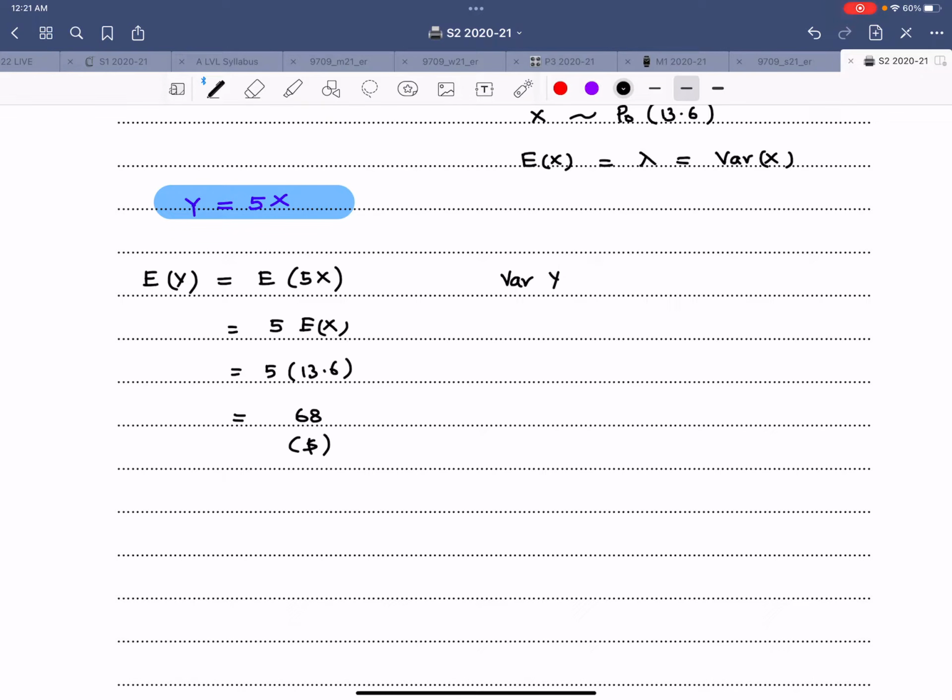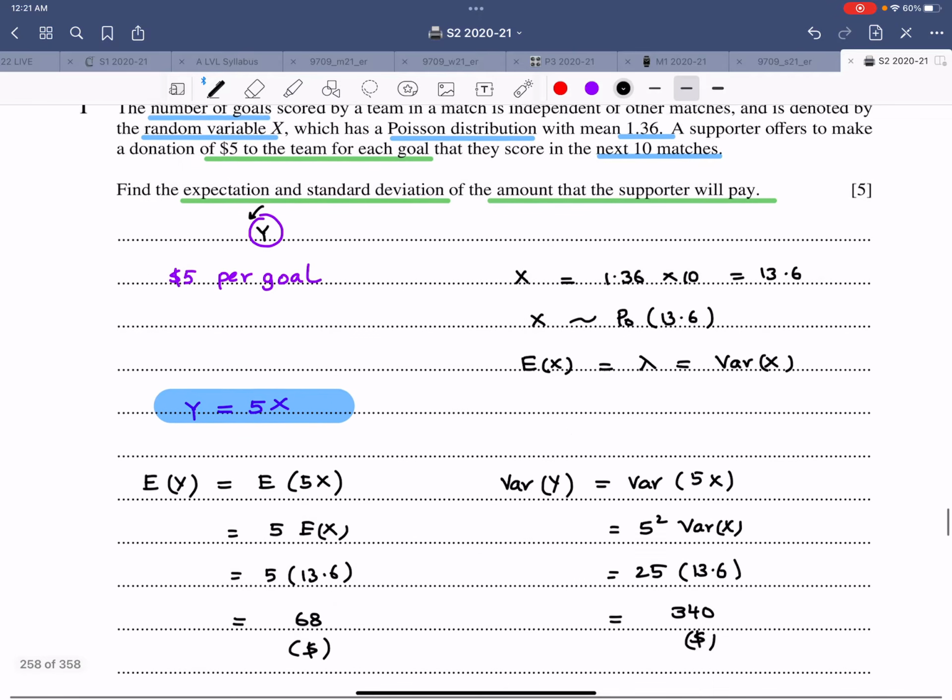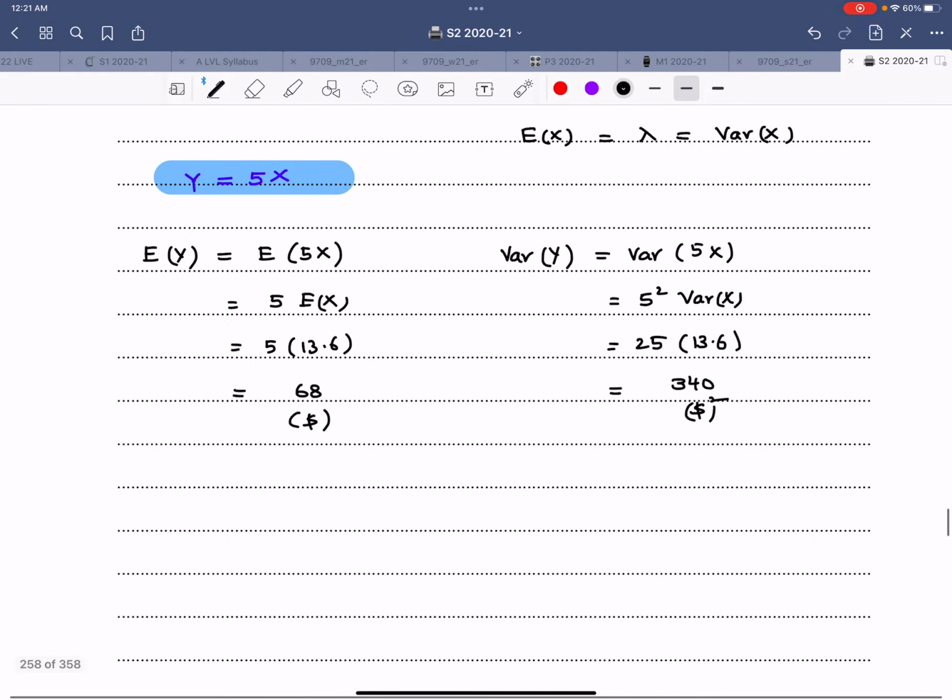Similarly, the variance of Y is the variance of 5X. That is 5 squared times the variance of X, that is 25 times 13.6. Multiplying, we get 340. Actually, for variance the units are dollars squared.